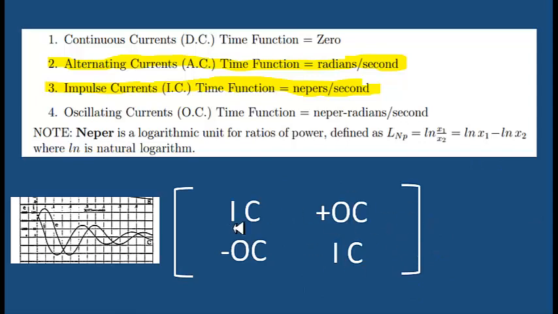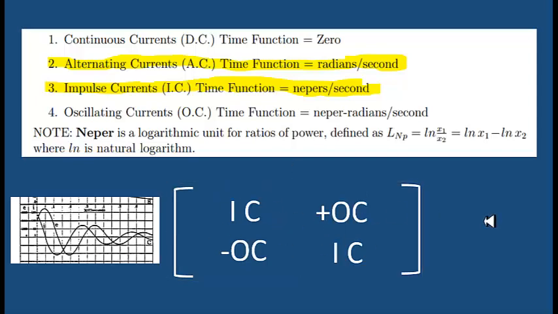But the reason I don't agree with this is because the oscillating current has impulse current built into it, and so these cannot be incommensurate principles. There is a similarity between impulse current and oscillating current in that the impulse is built into the oscillating current, and so I don't think this is correct right here.